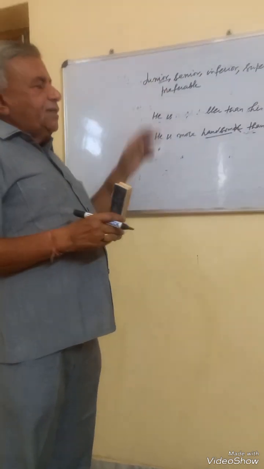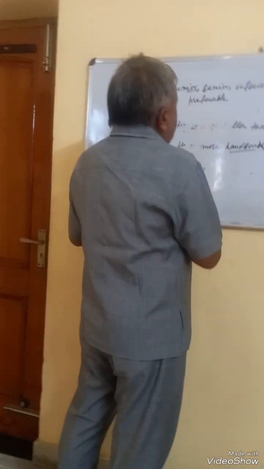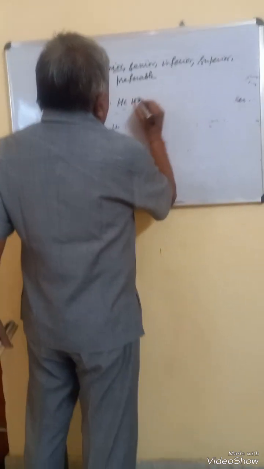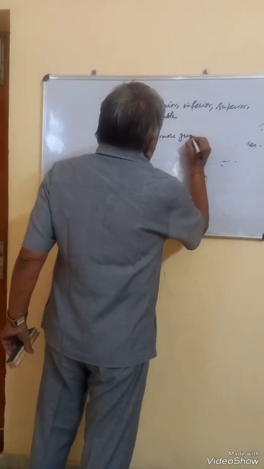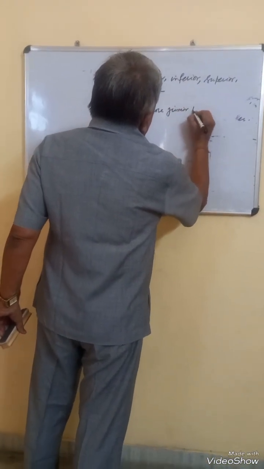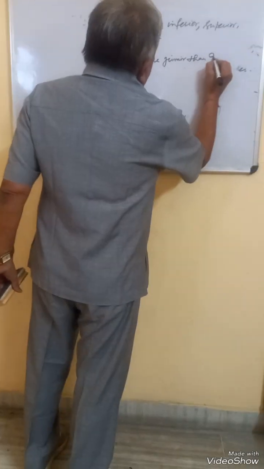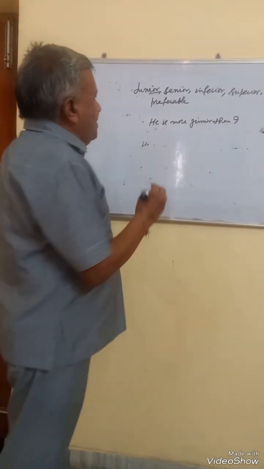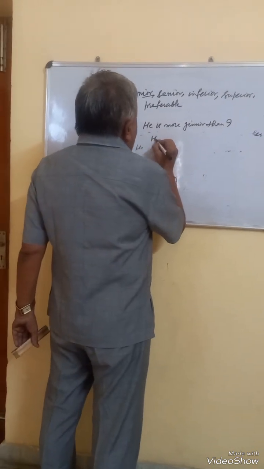before them. If we frame the sentence, he is more junior than I, it is grammatically wrong. The correct sentence would be, he is junior to me.